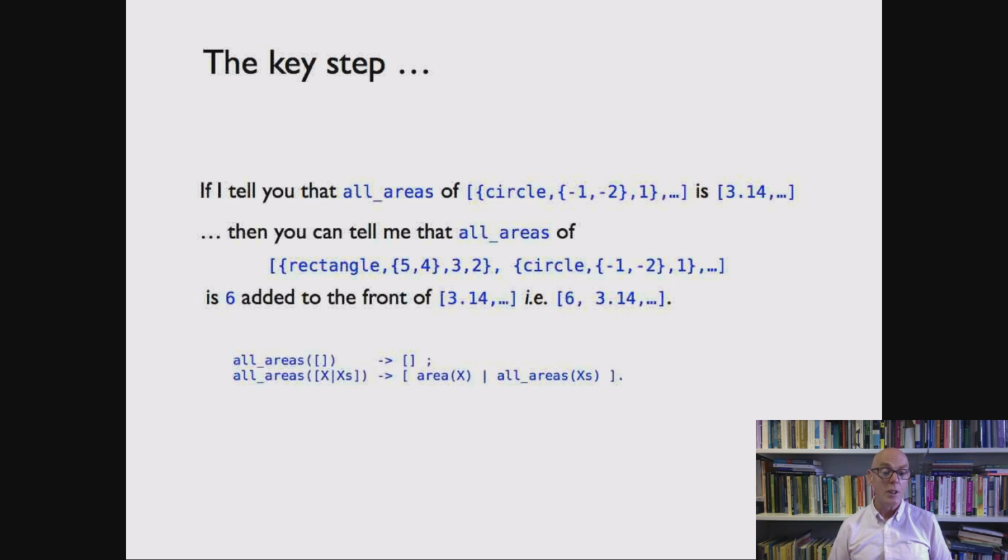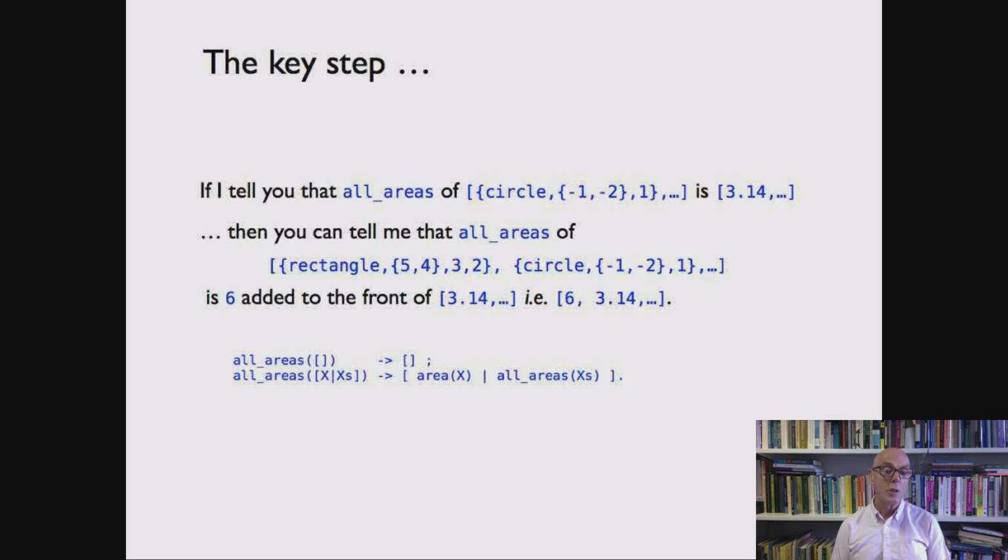So in other words, what we do is we build a new list whose head is area of x and whose tail is all areas of x's. And this has the effect of applying the area function to every element of the list.